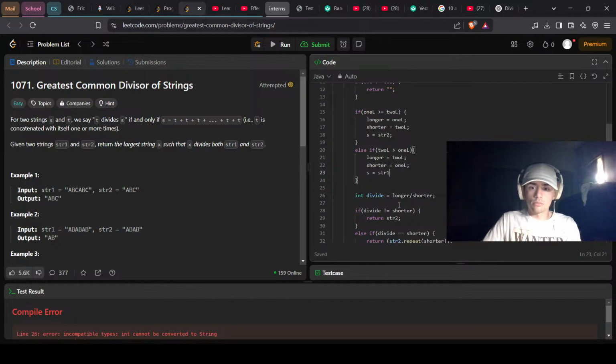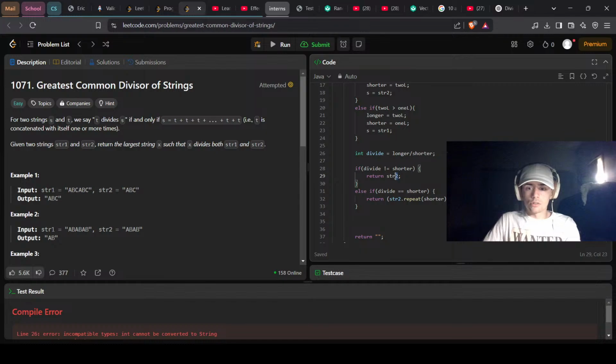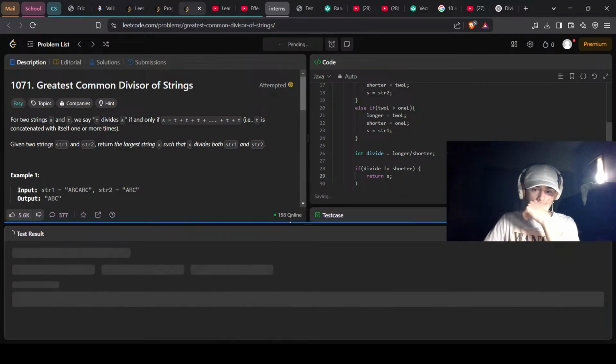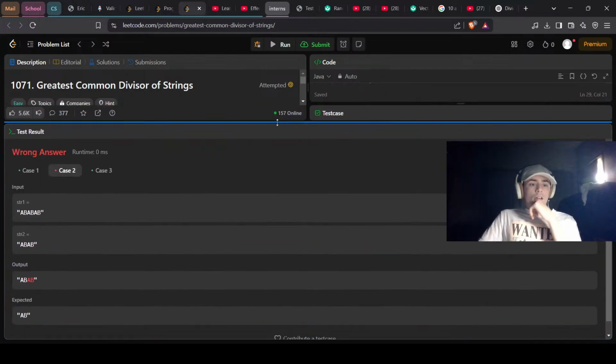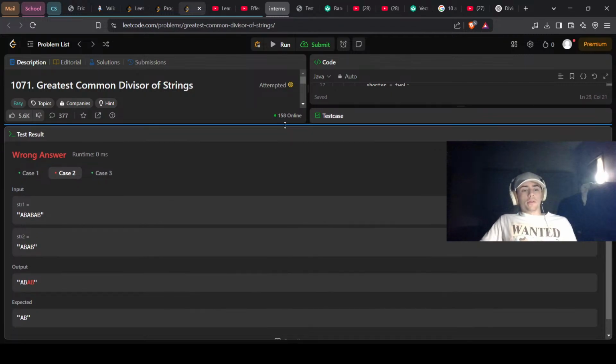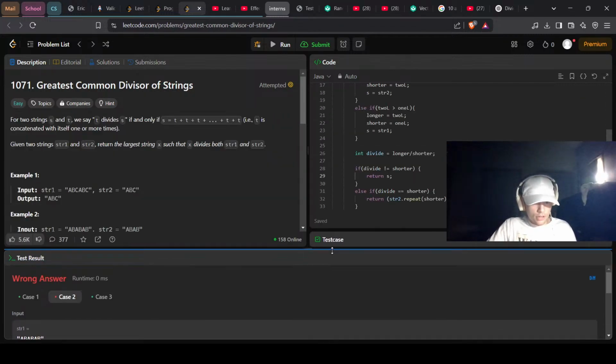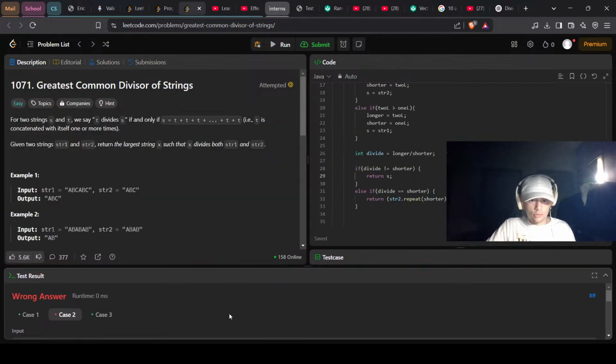String 1 here. And then we're gonna return S. Right? We're still getting A, B, A, B, A, B, A, B. Alright, we're getting 2 ABs instead of just 1.